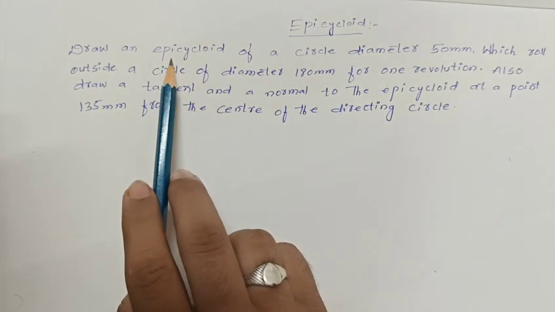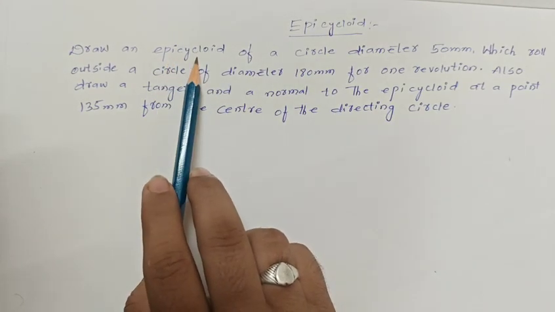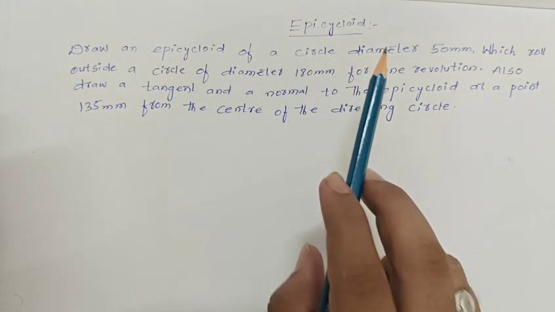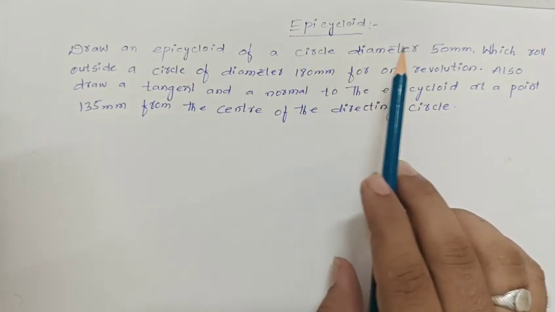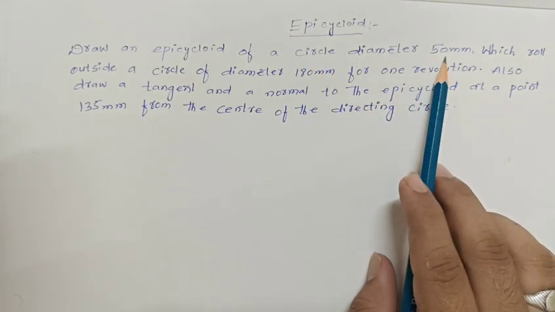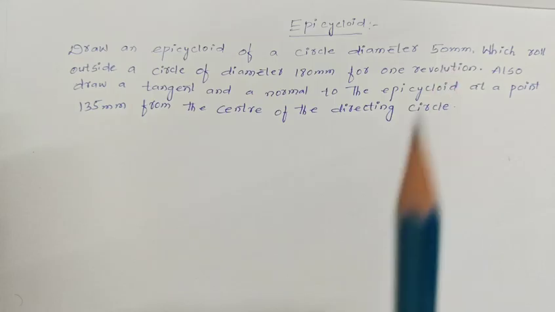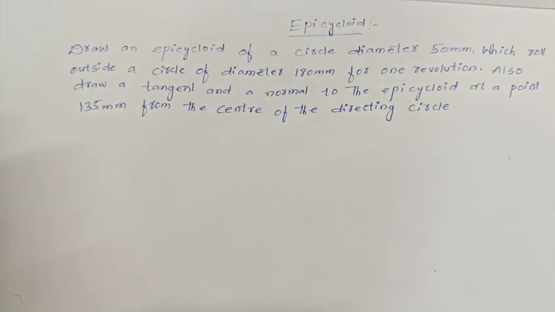First thing is we need to draw the epicycloid of the circle. The diameter of the circle is given here, 50 millimeter. First we need to write down the given data.